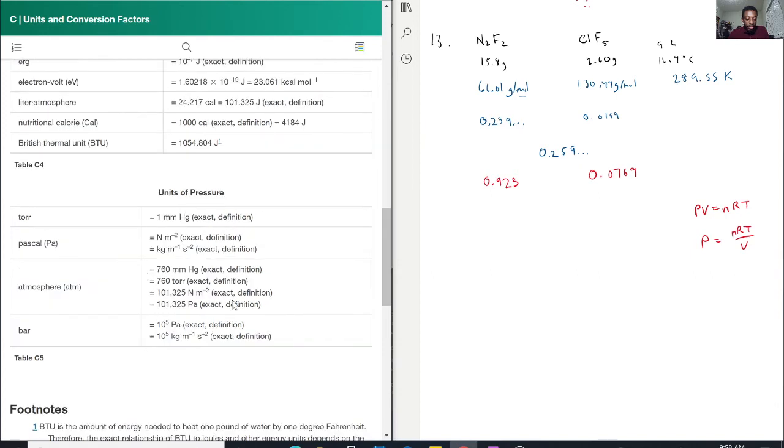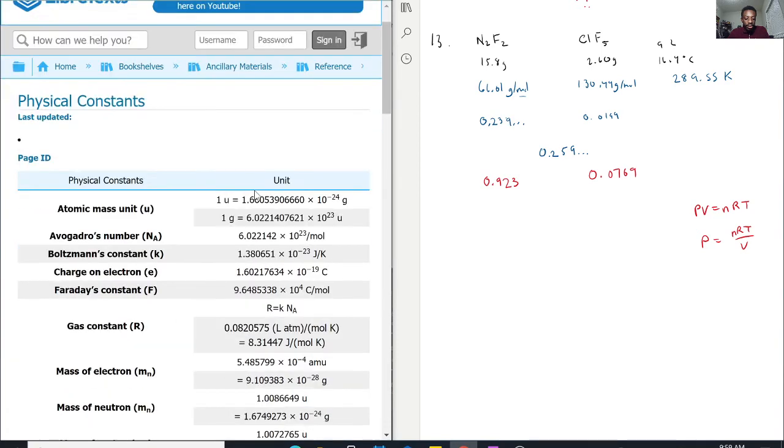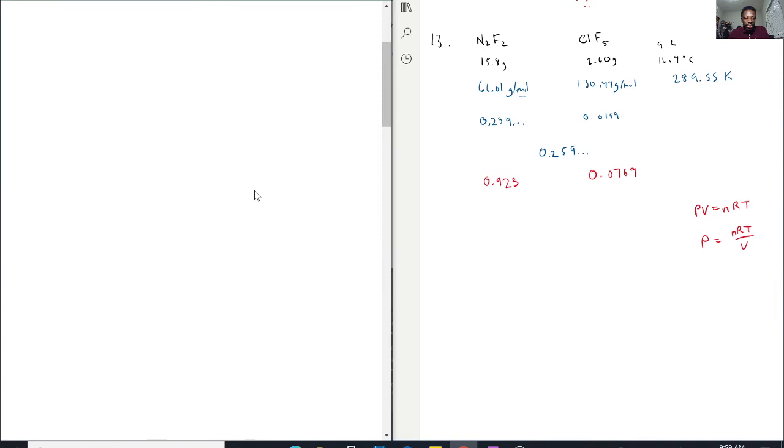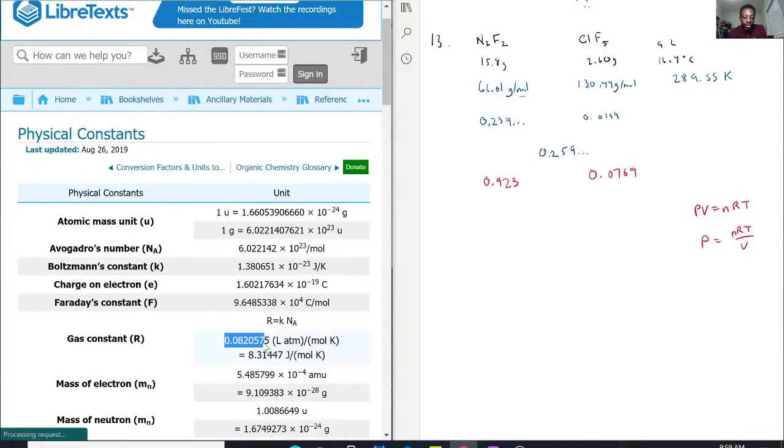ATM, these are just conversions, so hopefully it's here as our formula. Oh no, wait, we just wanted the R value, and we do not have it. Gas constant R, perfect. This is the one we'll be using here, 0.0820575, so we can get ATM. Because we're given liters, moles, and Kelvin, we're not using the ones with the joules.